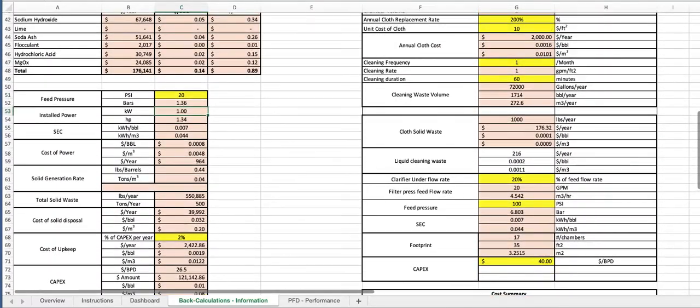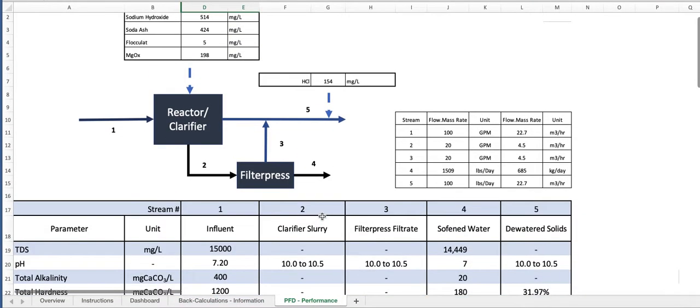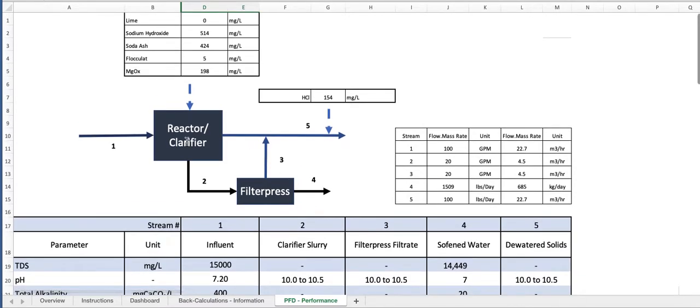Finally, the process flow diagram chart will give you a simplified process flow diagram on what to expect in terms of different concentration of chemicals that you need to use, and basically what sort of mass flow rate that you would need, and it would define them both in imperial as well as SI units.